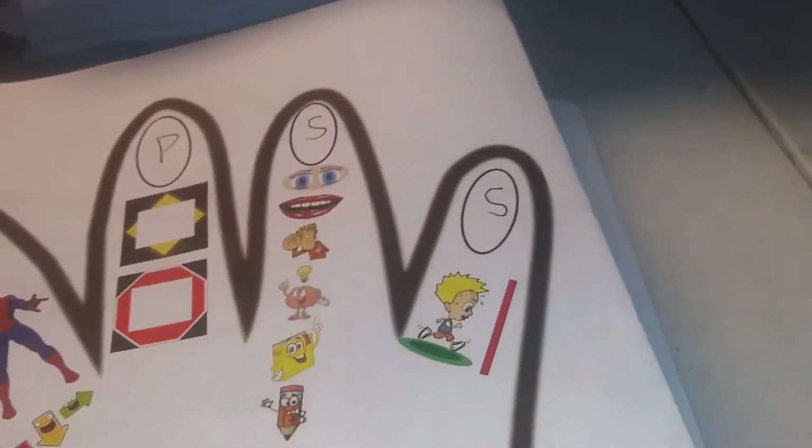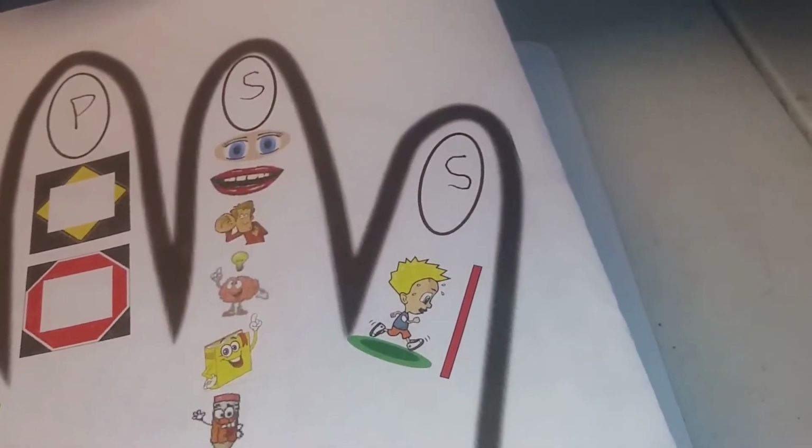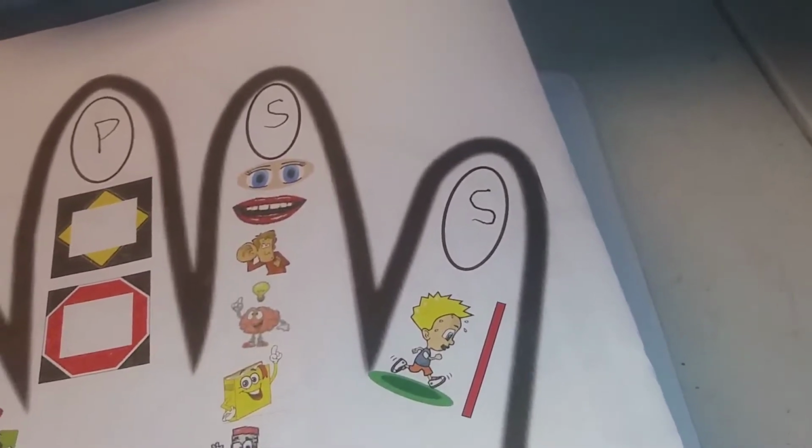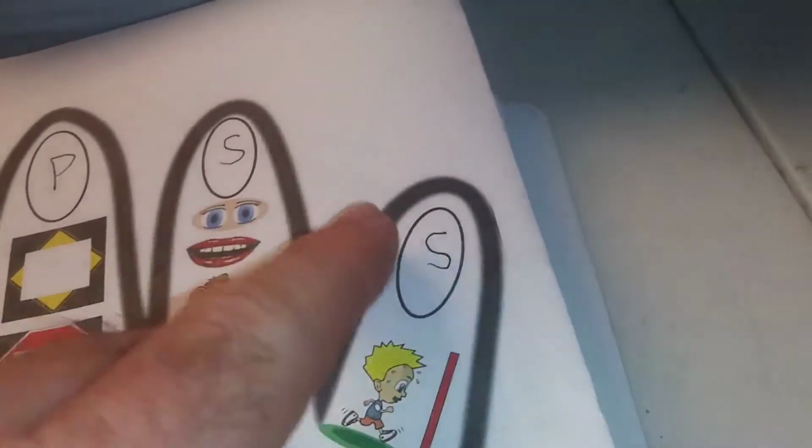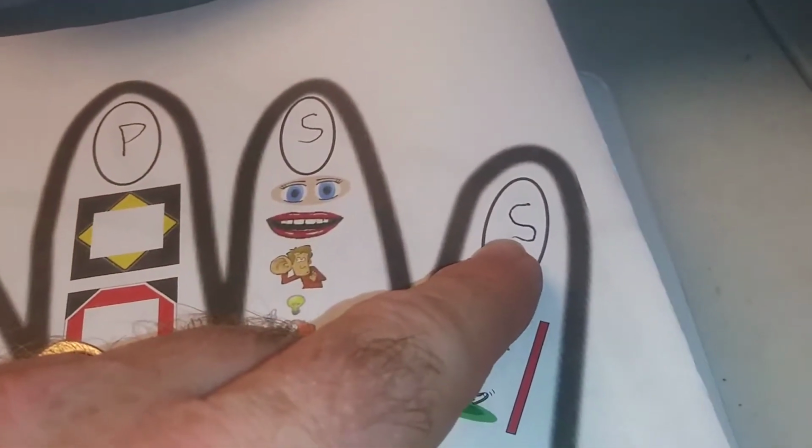The other S that many of you don't practice enough with your kids, and I can tell because of the results each year, is this S, sentence or sentences.